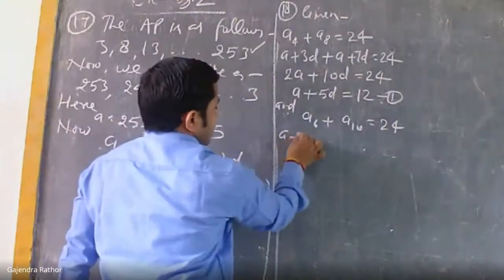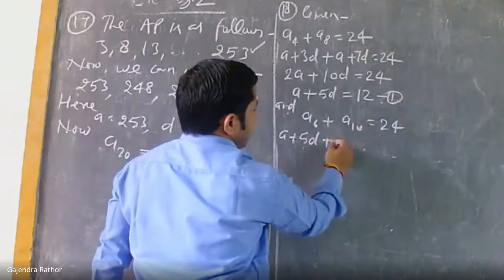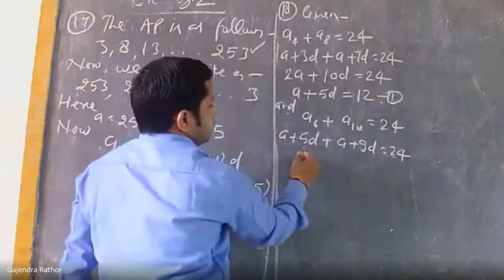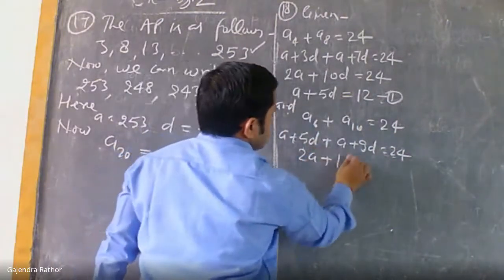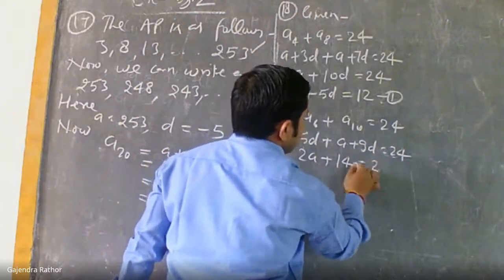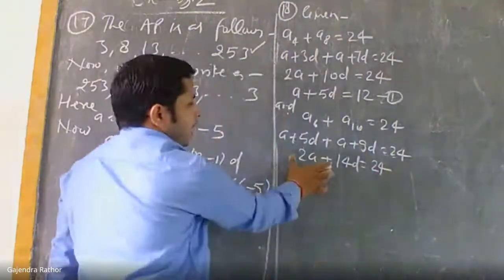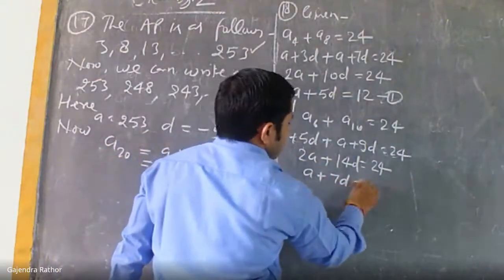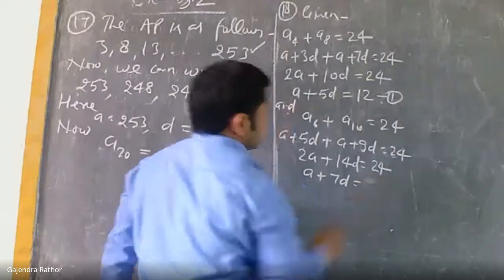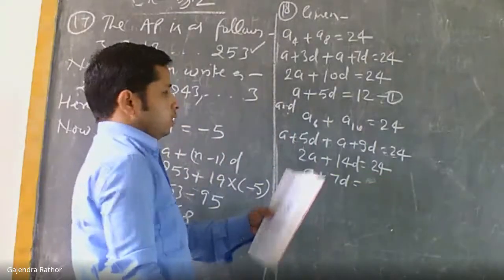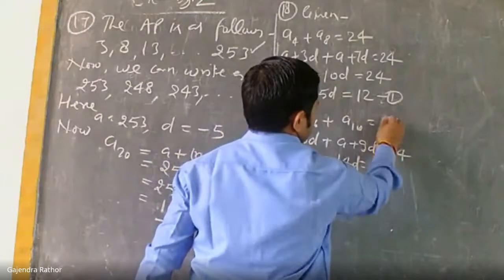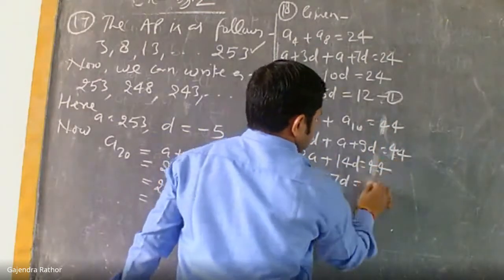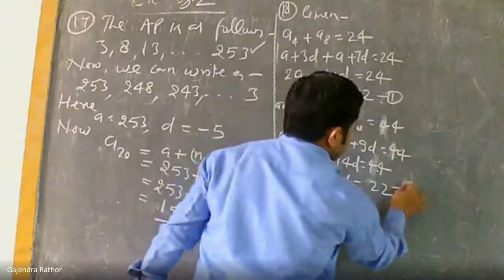A6 we can write as A plus 5D, and A10 as A plus 9D, is equal to 44. A plus A is 2A, 5 plus 9 is 14D, equal to 44. Again divide by 2: A plus 7D is equal to 22. Equation number 2.